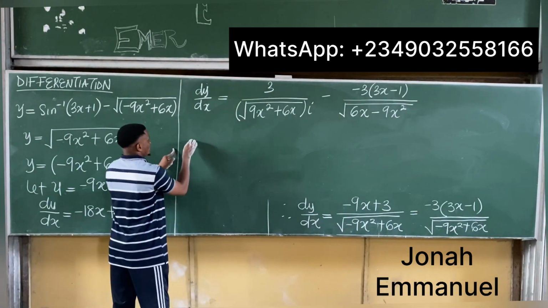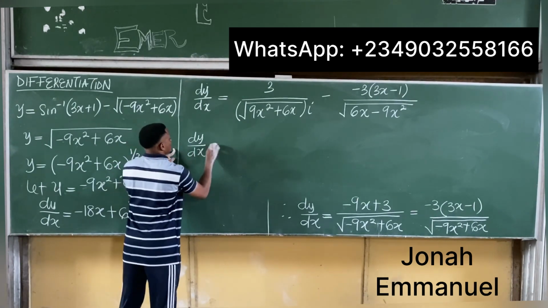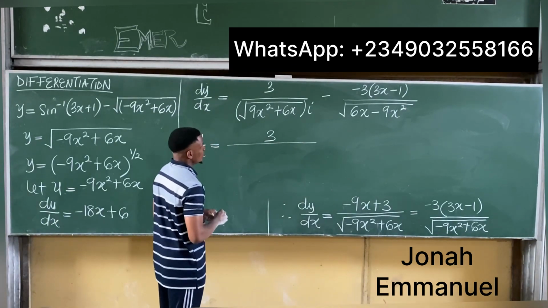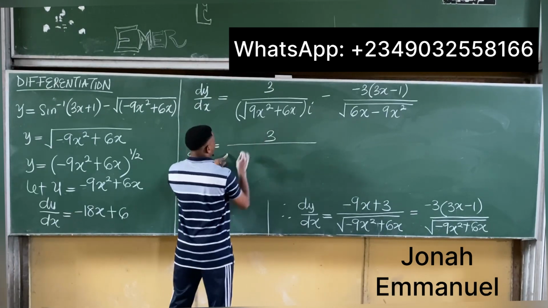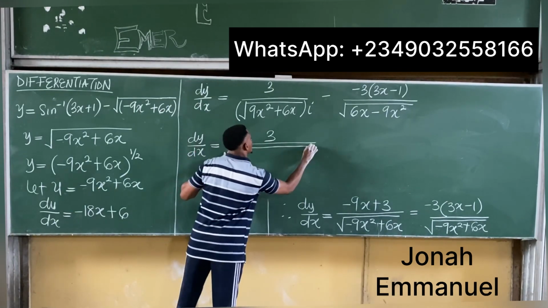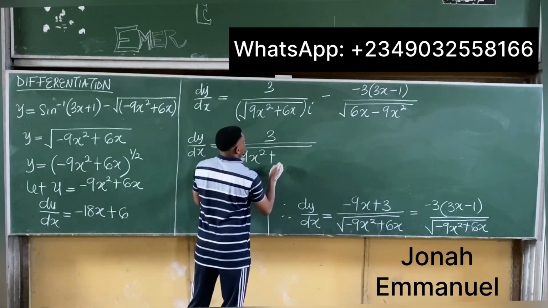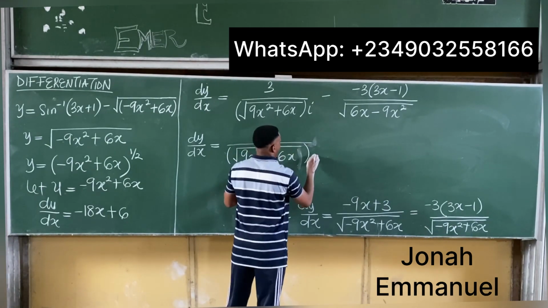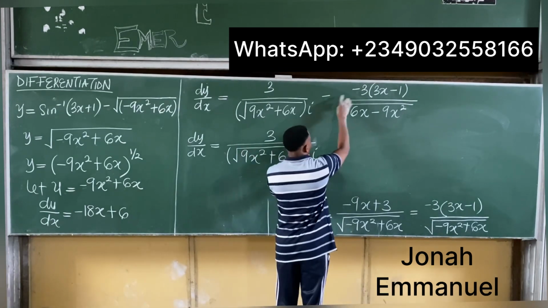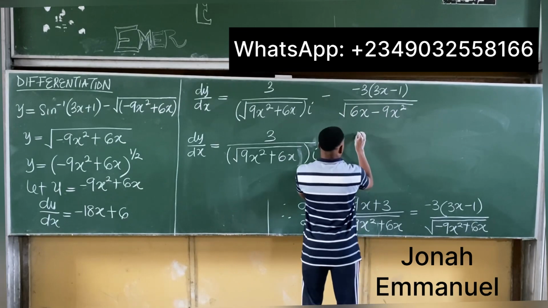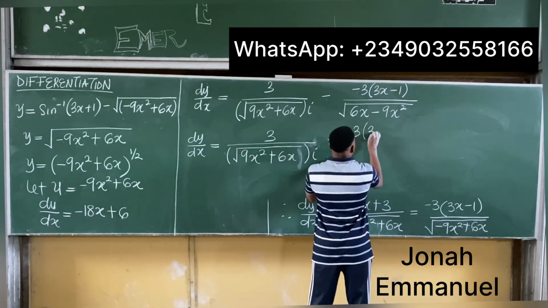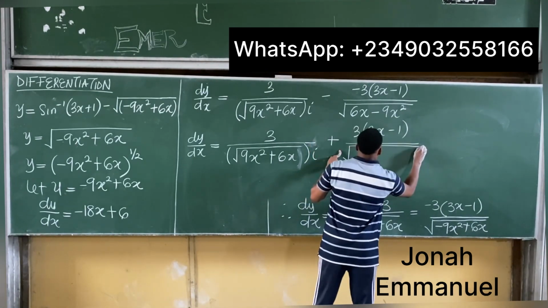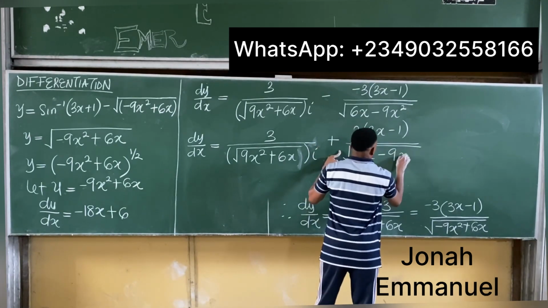So dy over dx is simply equal to 3 all over root 9x squared plus 6x, this to i, then minus minus gives you plus, this one here becomes 3 into 3x minus 1 all over the square root of 6x minus 9x squared.